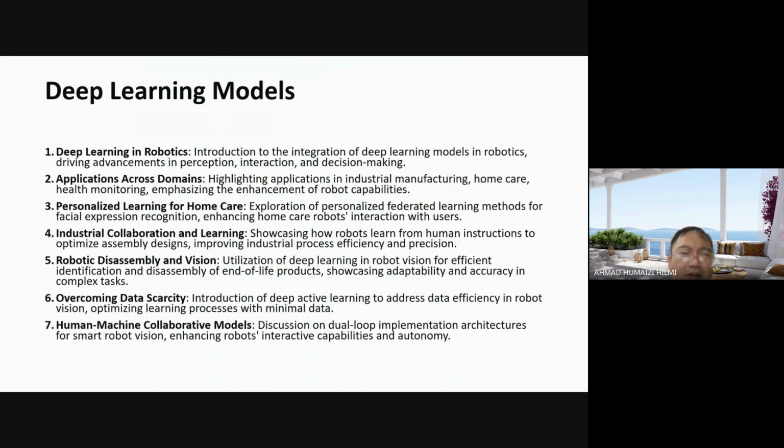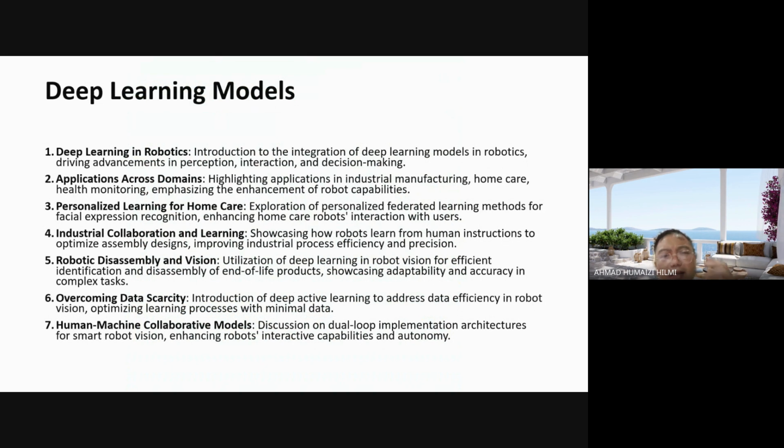Integration of deep learning models in robotics is driving advancement in perception, interaction, and decision making, with applications across domains such as personalized home care. There are many things, but the definition of a deep learning model was told to you in the last class: there are layers of learning.